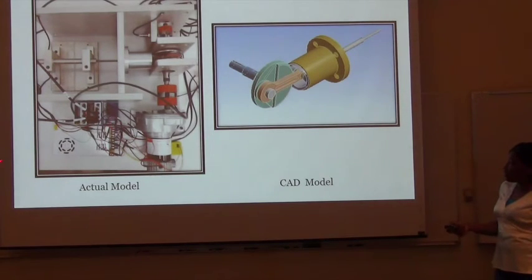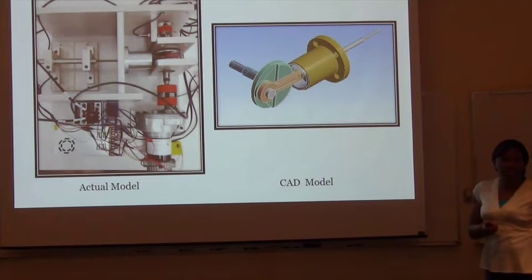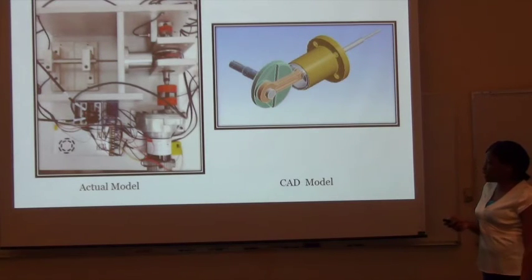Here we have our actual model, which has sensors placed on it. We have one sensor here, and another sensor right here. This is our DC motor, and that's our DC motor control, which gives us the leverage of saying how many RPMs we want it to go at.